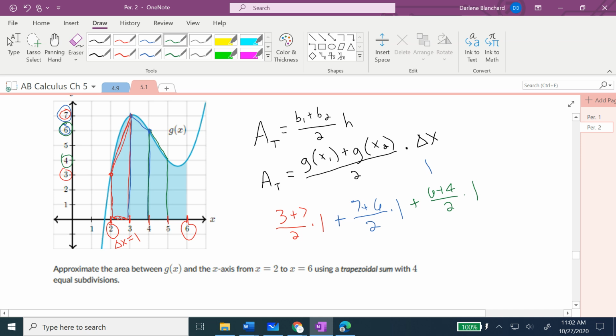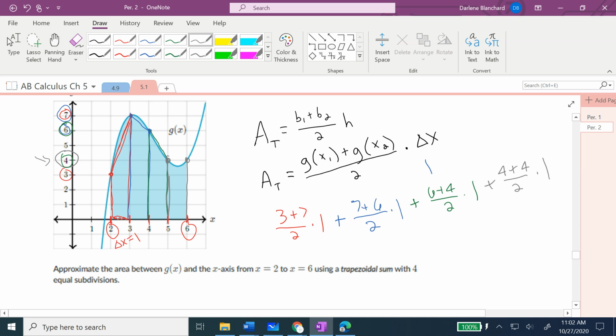And I'm going to draw a straight line to emphasize it. And then lastly, base 1 is 4, used again. Base 2 is found by plugging 6 into the function, which happens to also be 4. So I am getting base 1 plus base 2 divided by 2 times the height.